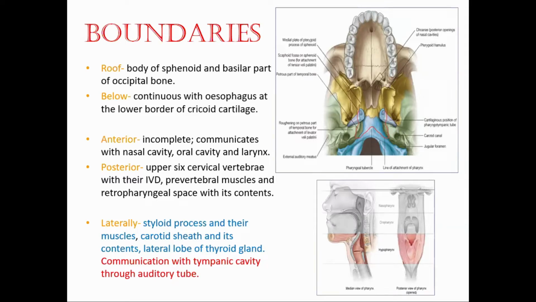The weak part of the pharynx is the dehiscence of Killian, and it presses the lower part, the esophagus. The continuation of the pharynx is the esophagus, so it presses the esophagus, leading to dysphagia. This condition, or that mucosal diverticulum, is named Zenker's diverticulum or the pharyngeal pouch. Its complication is difficulty in swallowing, or dysphagia.